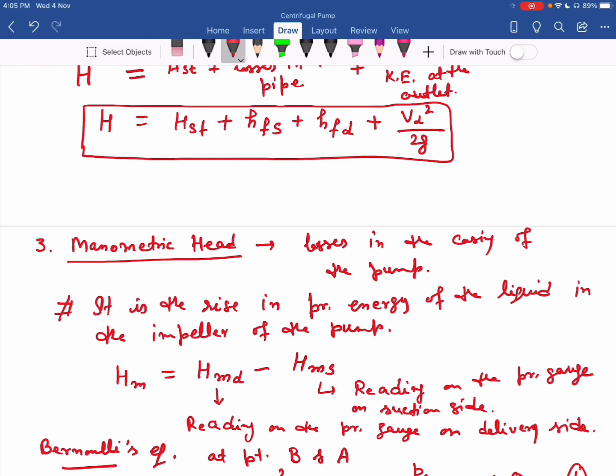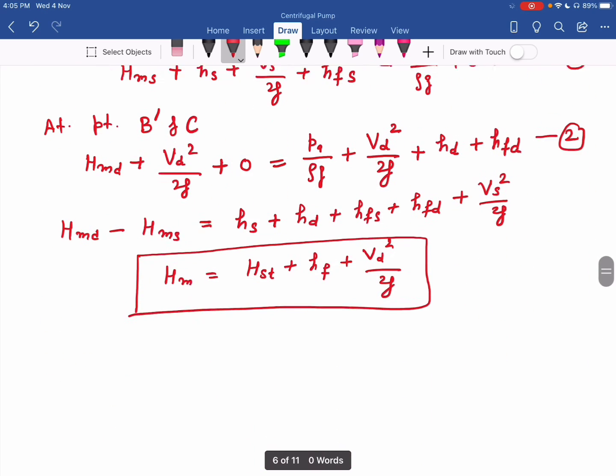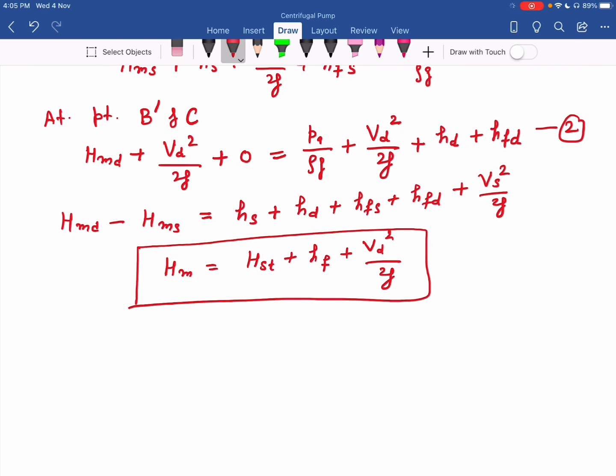In total head, we have the velocity head corresponding to the velocity in the delivery pipe, that is Vd. However, the manometric head contains the velocity head corresponding to the velocity in the suction pipe, Vs.